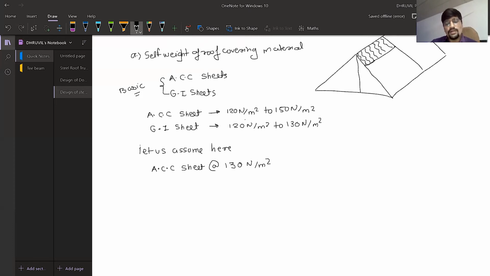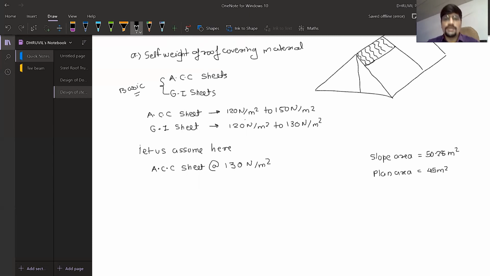Now the question will arise: on which portion will this ACC sheet roof covering material apply the load? The load on the roof truss will apply in two portions, either slope area or plan area. We have already found both. Slope area is 50.28 meters square and the plan area is 45 meters square.